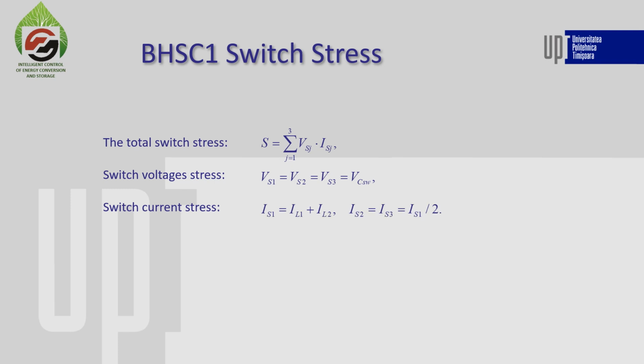Then we've seen that the current stress is slightly higher on one switch and lower on the other two switches. Then we can calculate the total active switch stress. Maybe it is a bit difficult to see, but this total switch stress is actually lower compared to the conventional buck-boost converter, but we will see this better in the final results.